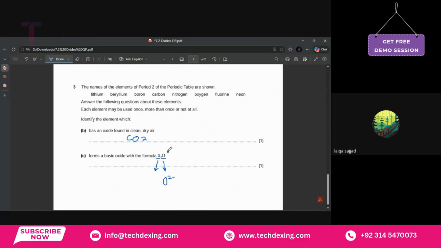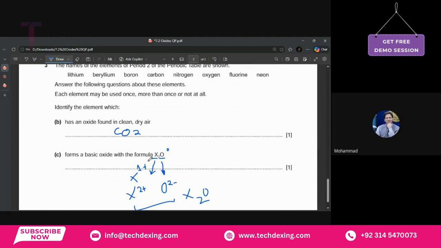One atom of this element X must have a charge of plus 1, so that two atoms of that metal give a charge of 2 plus, and combined with oxygen the overall charge becomes 0. You look for such a metal that has a valency of plus 1. Lithium.